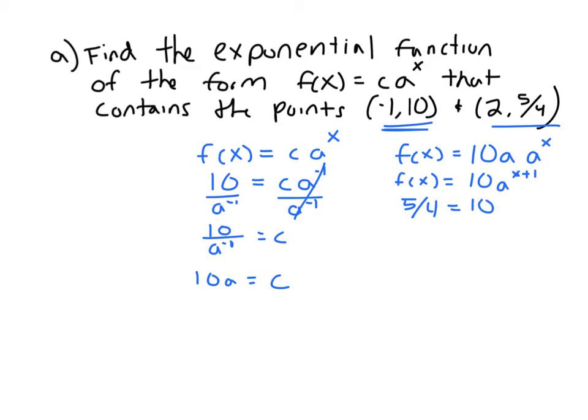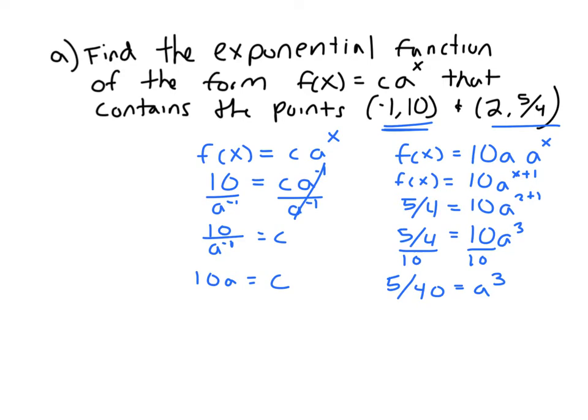5/4, 10, and then a is to the power 2 plus 1. 5/4 equals 10a to the 3rd. Okay, let's divide both sides by 10. All right, so I'll end up having divided by 10, and so I'll have 5/40 equals a to the 3rd.